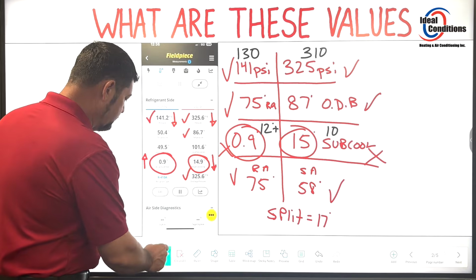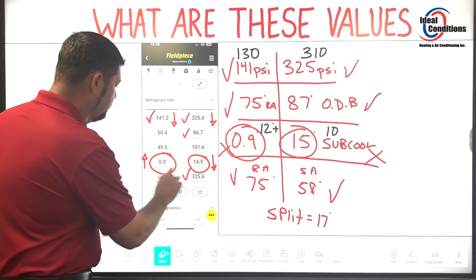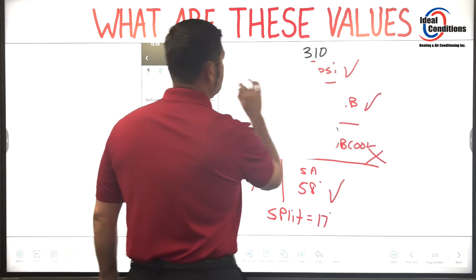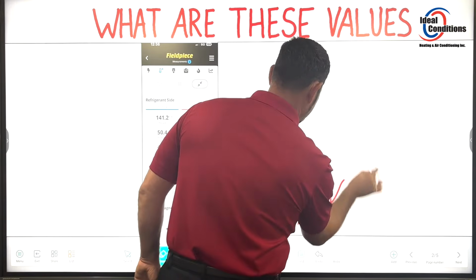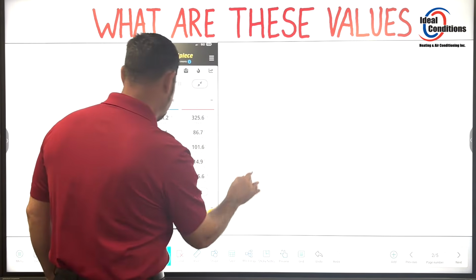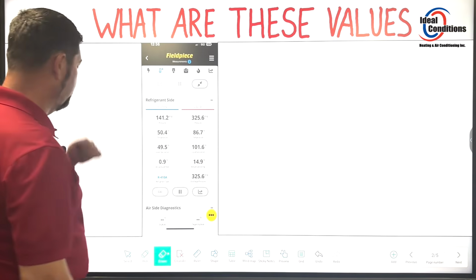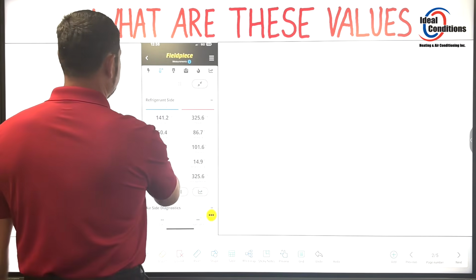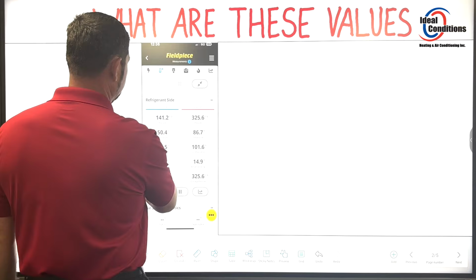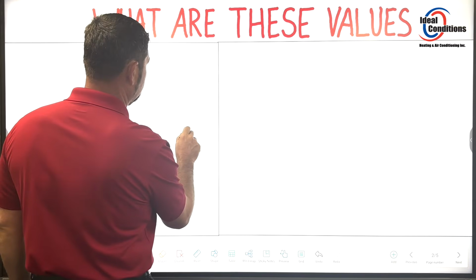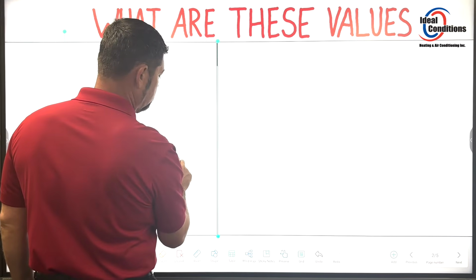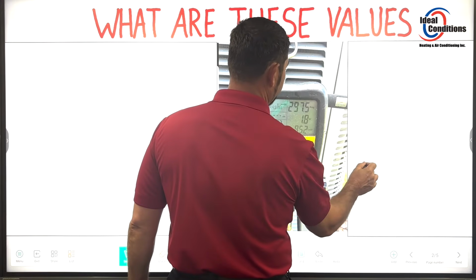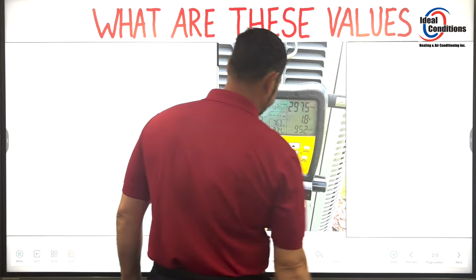All right, so I'm going to go ahead and erase this example, and we're going to go to another example. Okay, so let's just say we went to a set of gauges and we wanted to look at it.